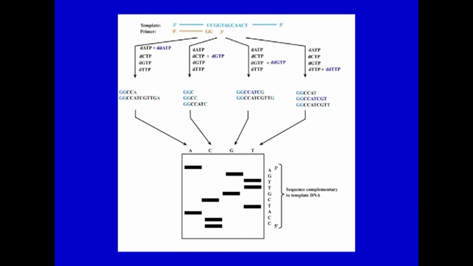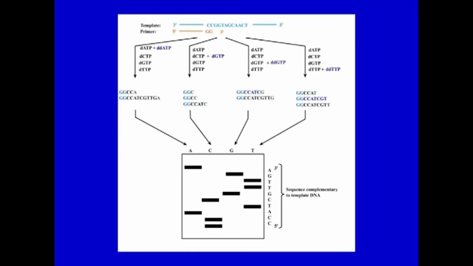So, what you have is a template and a primer on one side. The primer will be extended by the polymerase, and according to the particular dideoxy nucleotide you will get these fragments, because the extension will be interrupted at different bases.